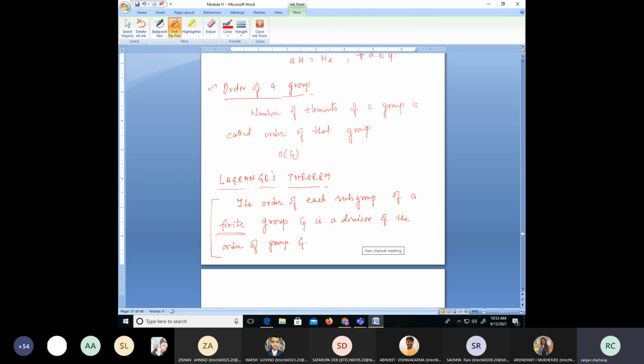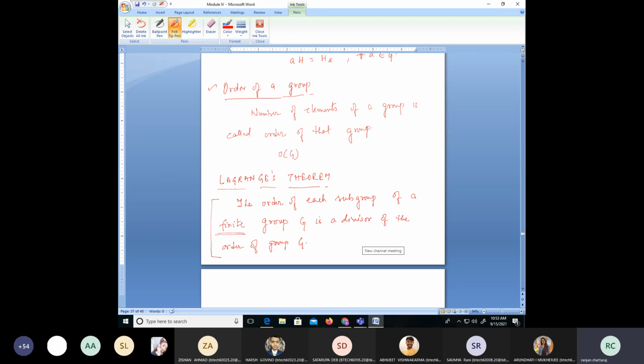If you are considering a group of order 6, then the subgroups can have order 1, 2, 3, or 6. That means if you consider any subset whose cardinality divides the order of the group, then we say it may be a subgroup.